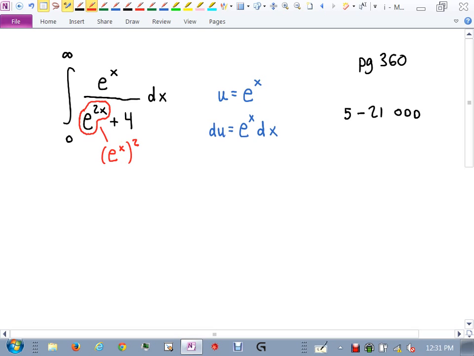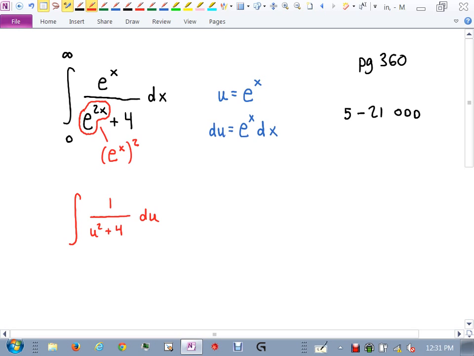I think I had shown you that once in class before. So what I saw here was e to the x squared, and the derivative of e to the x is up there already. If I rewrite the problem, the e to the x dx on top is just really du, and I'm left with 1 over u squared plus 4, right?